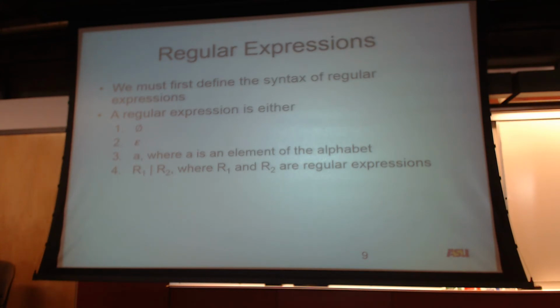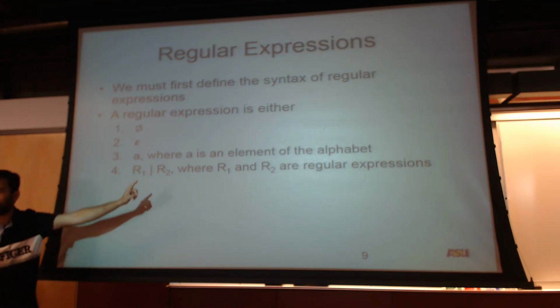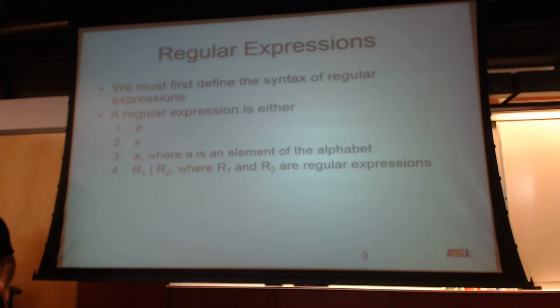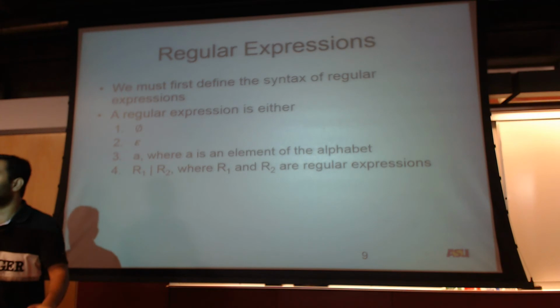The first rule is R1 bar R2. What is this bar? We don't know as of yet. Let's say this is an expression. Whatever it looks like, R1 bar R2 is a regular expression, where R1 and R2 are regular expressions.